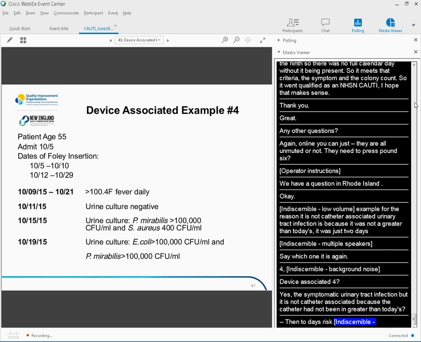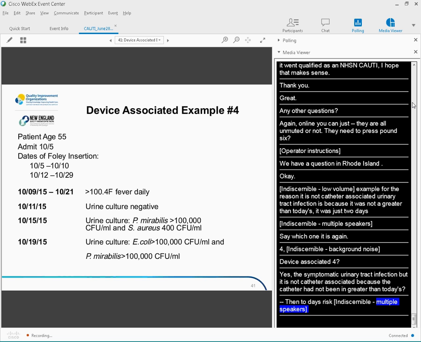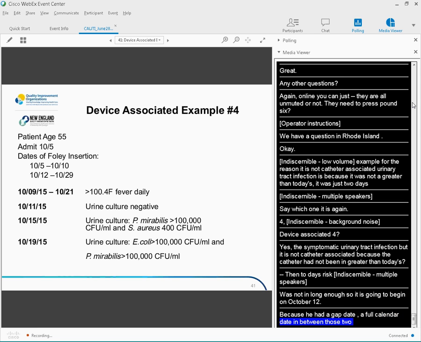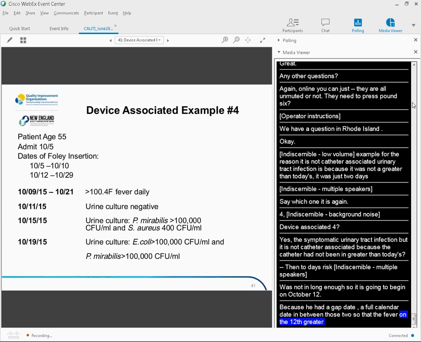So it's going to begin on October 12th, because you had a gap day, a full calendar day in between those 2. So then the fever on the 12th, greater than 100.4, is going to be your first element. So that's going to be your day of event.